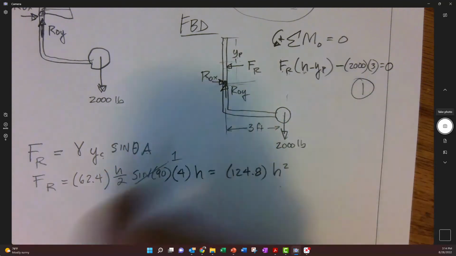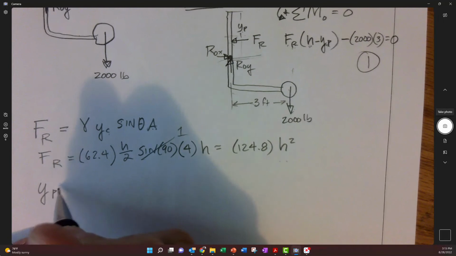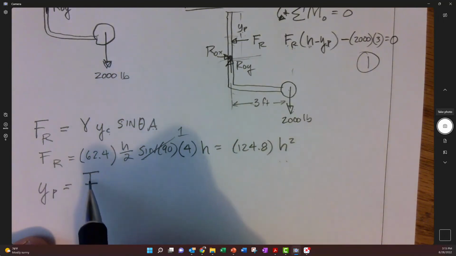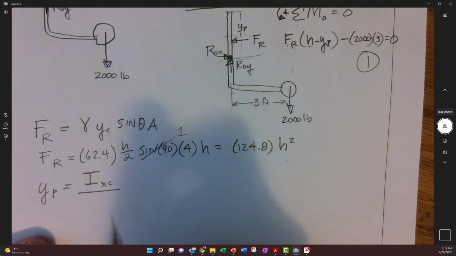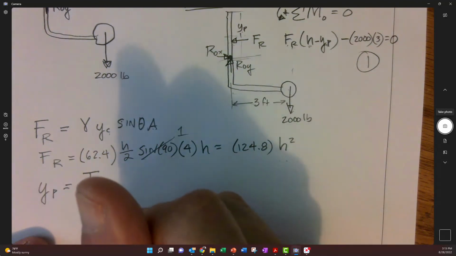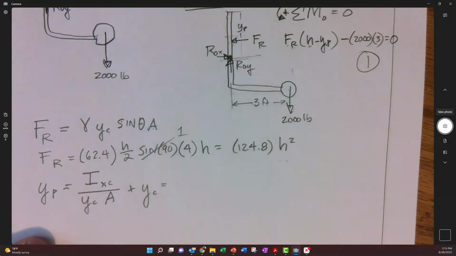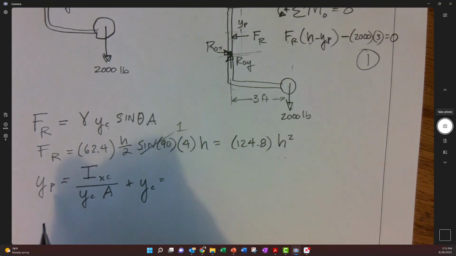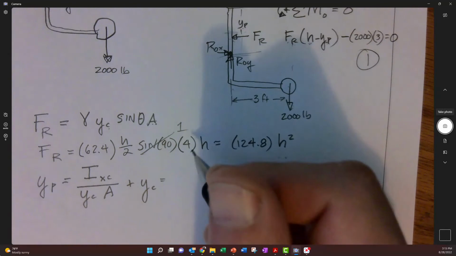Now, the next thing we want is YP, right? The equation that we presented before was the moment of inertia about the x-axis divided by YC and A, and then we add YC back to it. Now we know that a rectangle is BH cubed over 12, and the H in this case is the height, the thing we don't know.